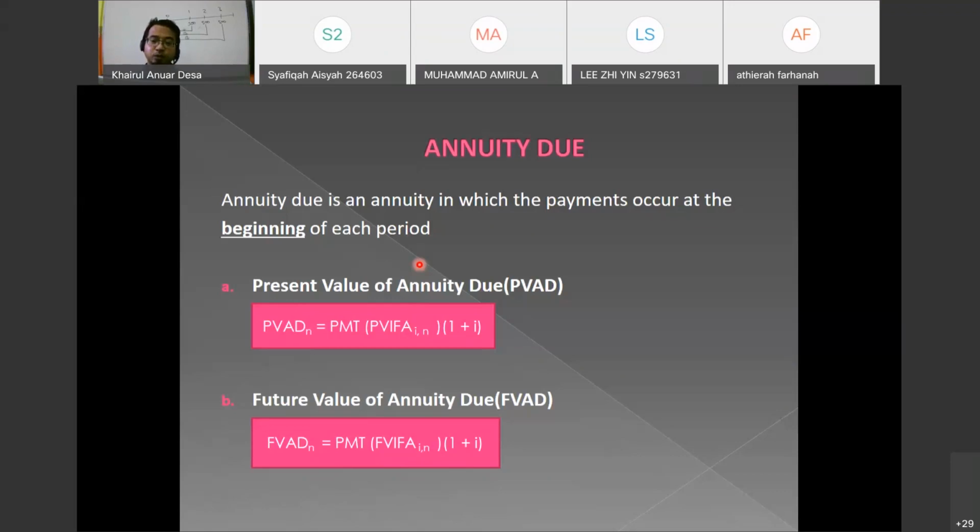Semua perkataan-perkataan yang menunjukkan pembayaran tersebut berlaku pada awal bulan. Alright? So this is the formula for the present value annuity and the future value annuity. Okay, annuity due. Dia ada penambahan 1 plus I di belakangnya, kalau anda perasan. Okay, it has 1 plus I at the back of the formula.